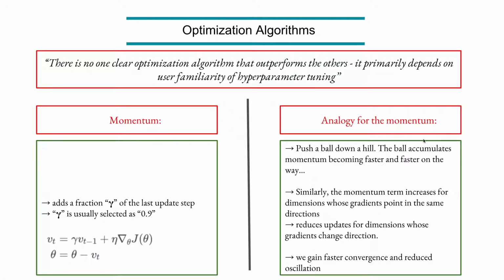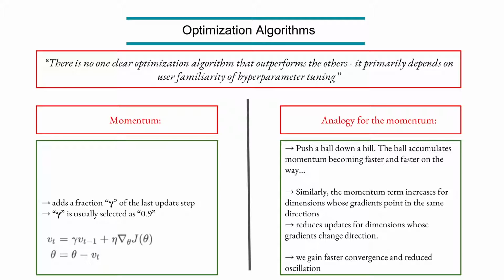Okay, so there's an analogy for momentum. Let's assume there's a hill, and you push a ball down the hill. Let's assume this kind of space. When we push the ball from here, it may be possible to reach here and reach other minima, right?